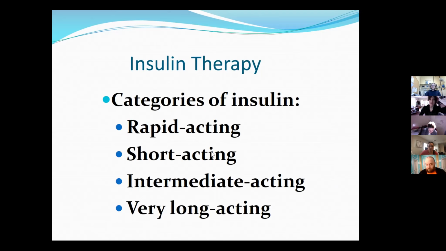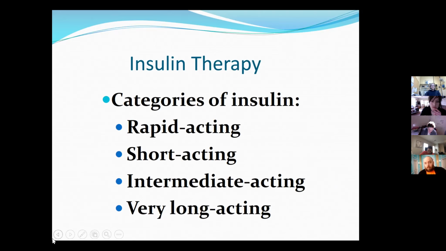As you go up this ladder, the very long acting is going to have a slow onset. These very long acting are considered peakless and are of long duration, as much as 24 hours.